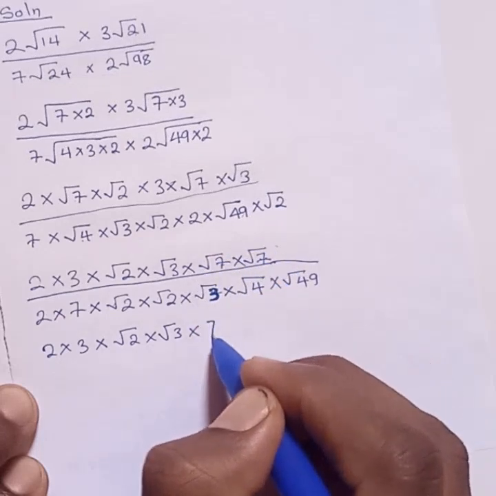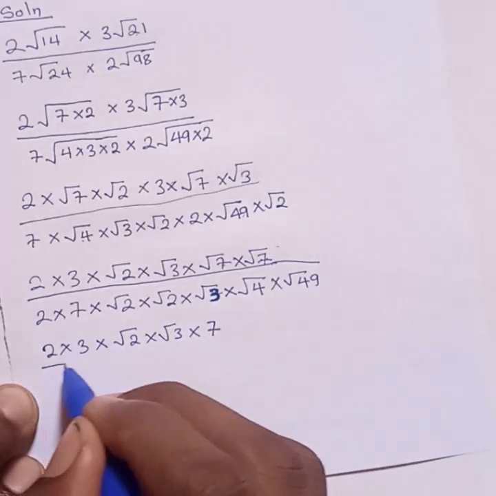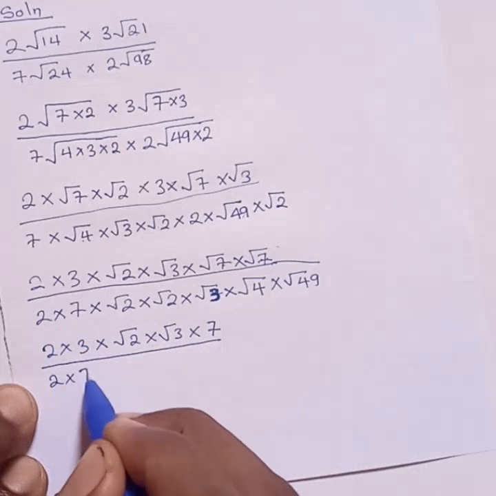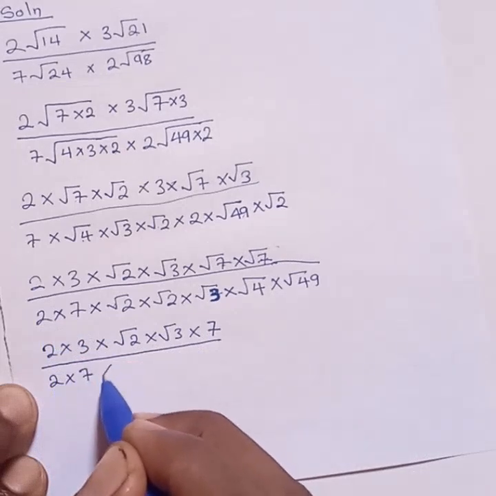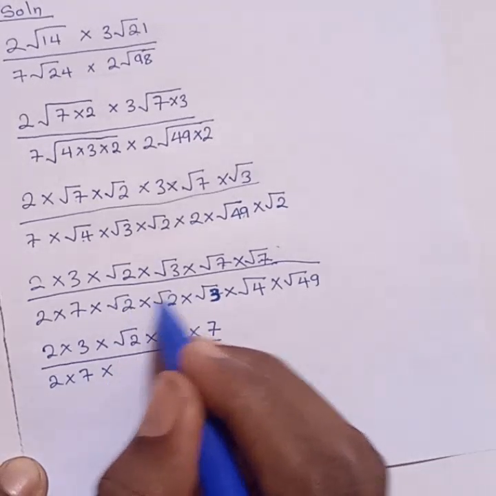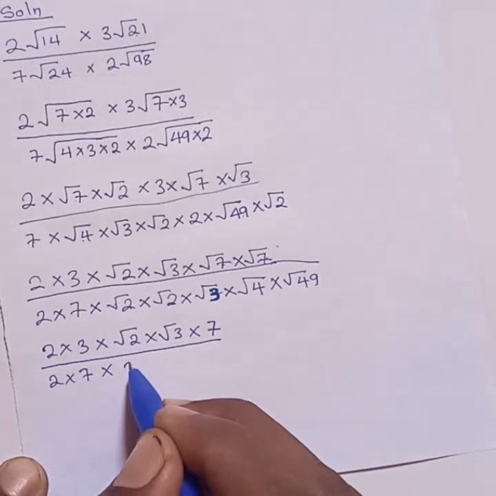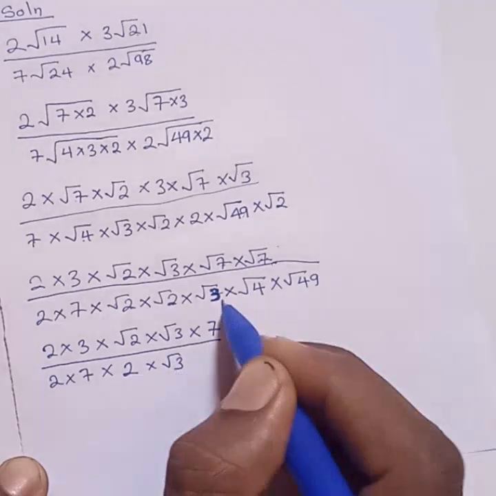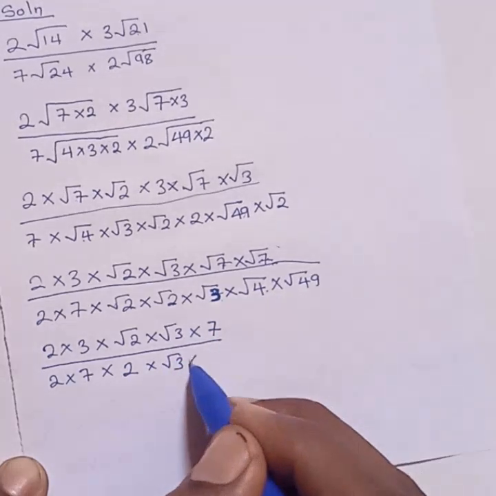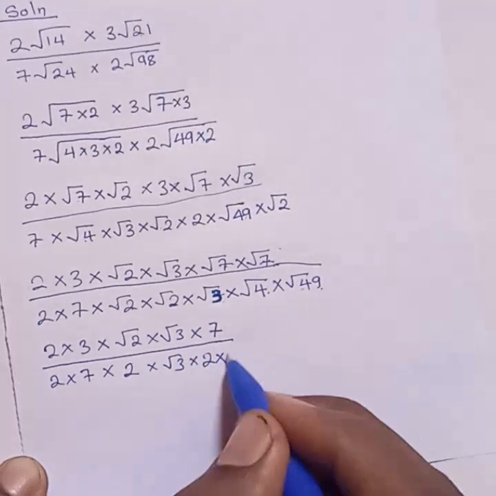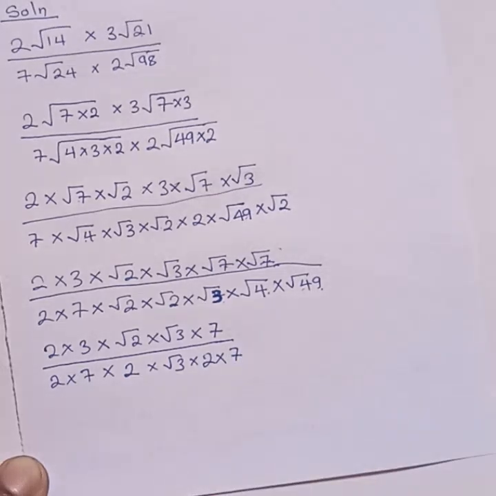So you can agree with me that this is 7, all over, we can have 2 times 7 multiplied by the same thing, square root of 2 times square root of 2, that is square root of 4, and square root of 4 is 2. Then multiplied by square root of 3, which is this. Square root of 4, we all know is what? 2. Multiplied by square root of 49, which is 7.